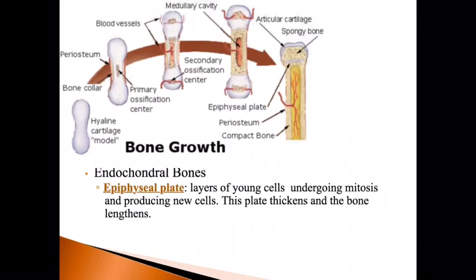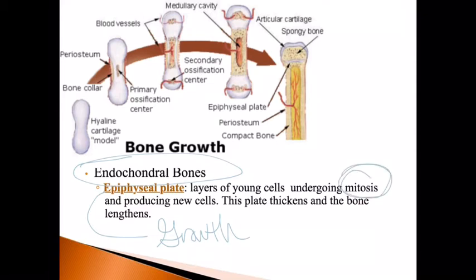All right, so within those endochondral bones, remember, those were the long bones of the body, like radius, ulna, tibia, fibula, those ones. Those endochondral bones have something called an epiphyseal plate. The epiphyseal plate is also called the growth plate. People refer to that as the growth plate. And these are layers of young cells undergoing mitosis.